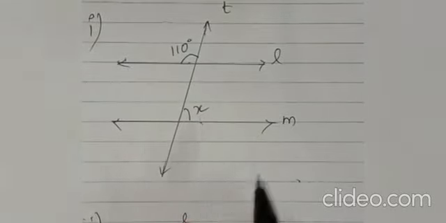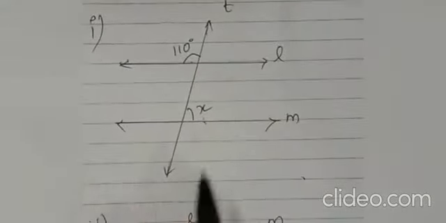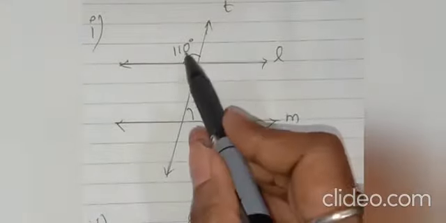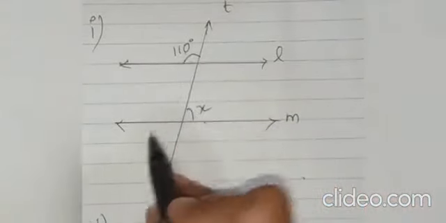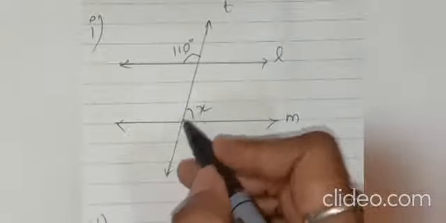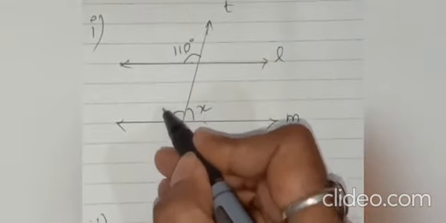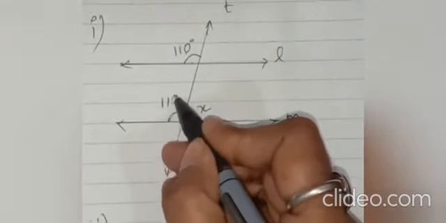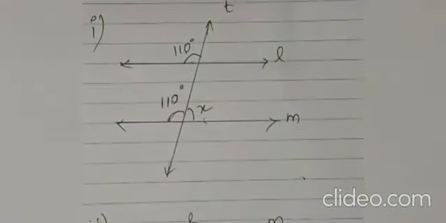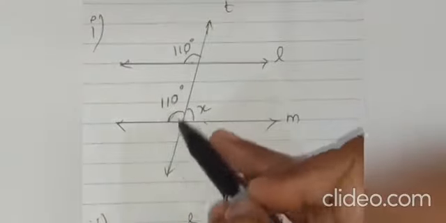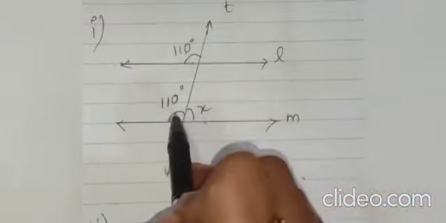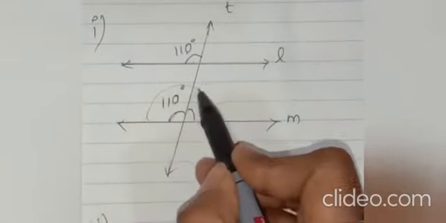So again the same pattern, corresponding angles. Here it is 110 degree. So corresponding angles on the same side of the transversal are also 110 degree. Correct? Now linear pair of angles.